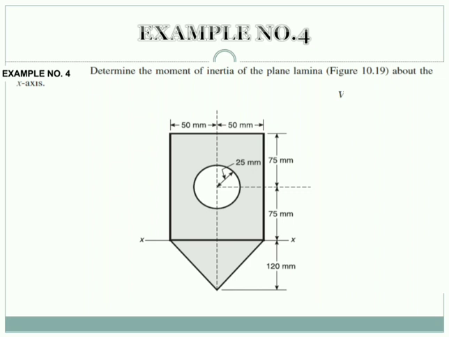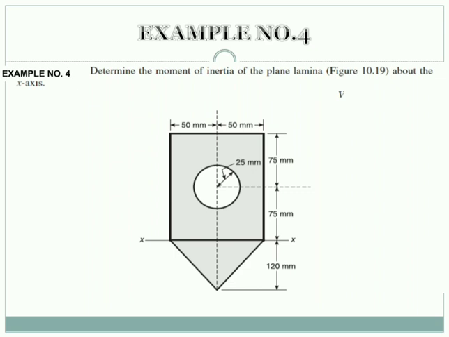The most important things to discuss are the areas of all the figures. The rectangle width is 50 plus 50, that is 100, and the depth is 75 plus 75, which is 150. For the triangle, the base is 100 and the height is 120, and the circle has a radius of 25, which is a cutout section, taken as minus.